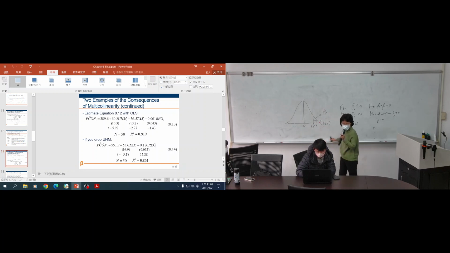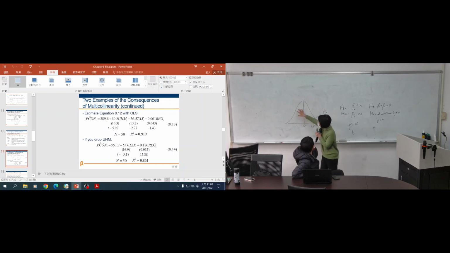Always remember the p-value is the tail area. I mean the tail is the direction. REG is expected to be positive, so the tail will be on our right-hand side. Although this one looks like the tail is this one, we should see all the right-hand side instead of the left-hand side.